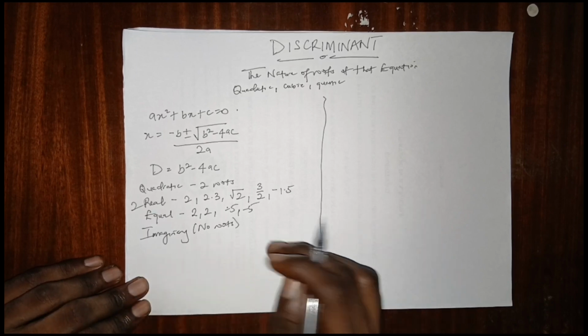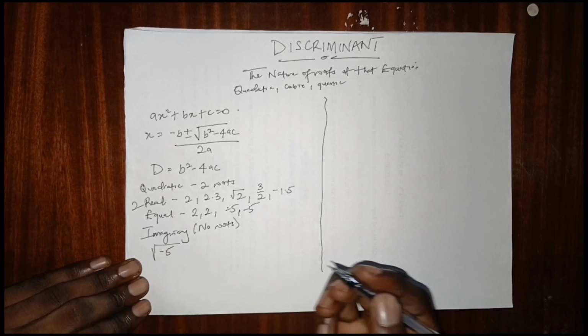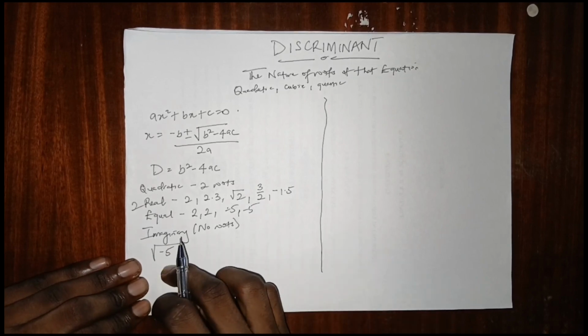An imaginary root is anything that gives us something like the square root of minus 5. There's no way to go further with this.